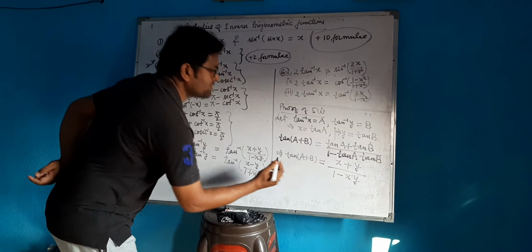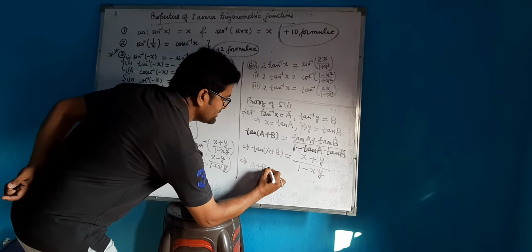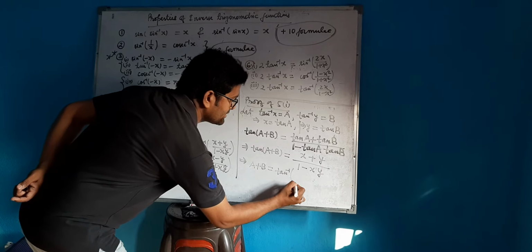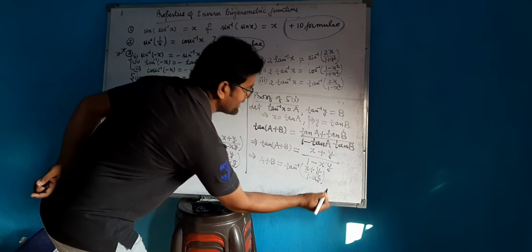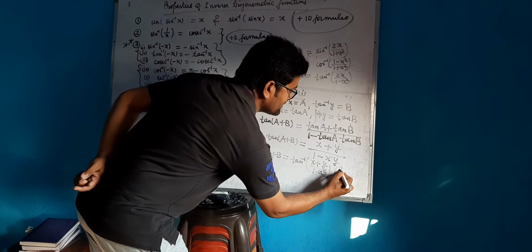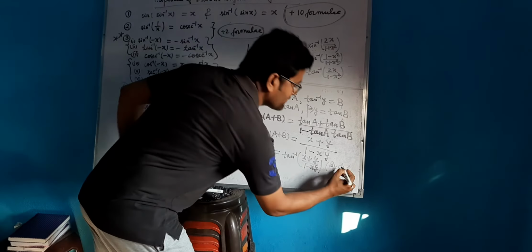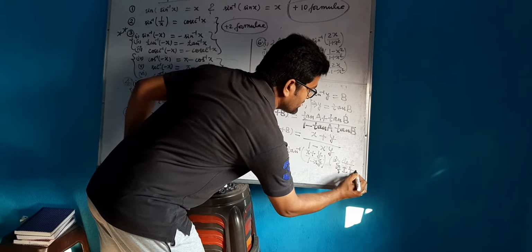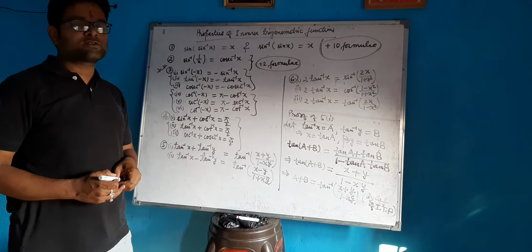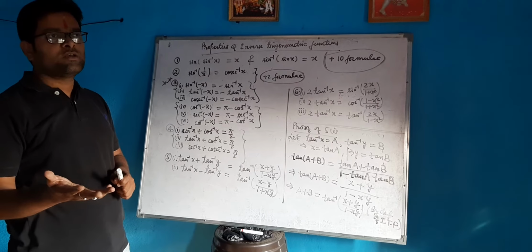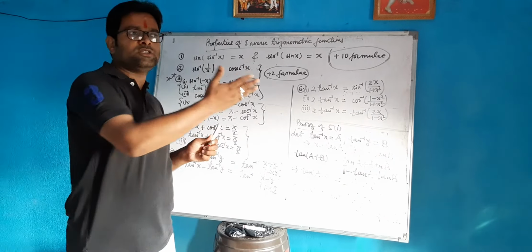Now, from the definition of inverse, I can write a plus b is equal to tan inverse of (x plus y) by (1 minus xy). By definition of inverse trigonometric function: if f inverse of x is equal to y, then f of y is equal to x.